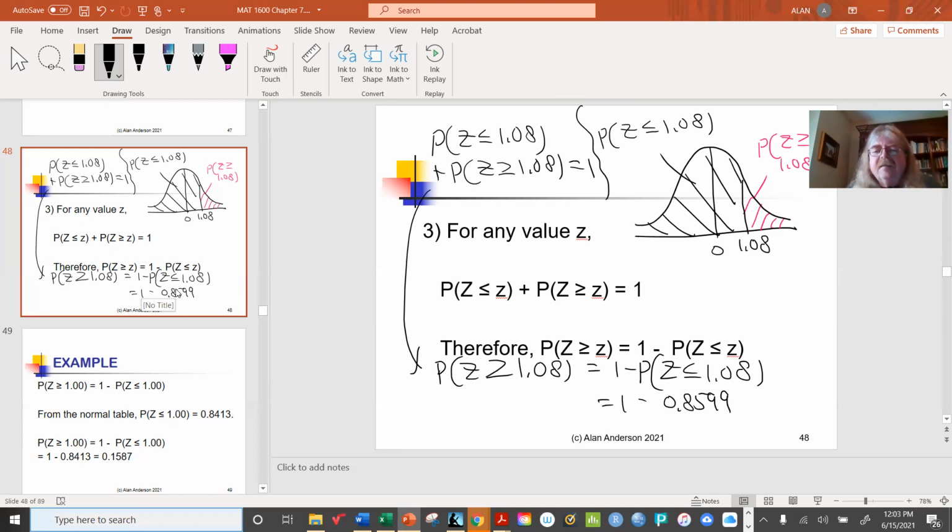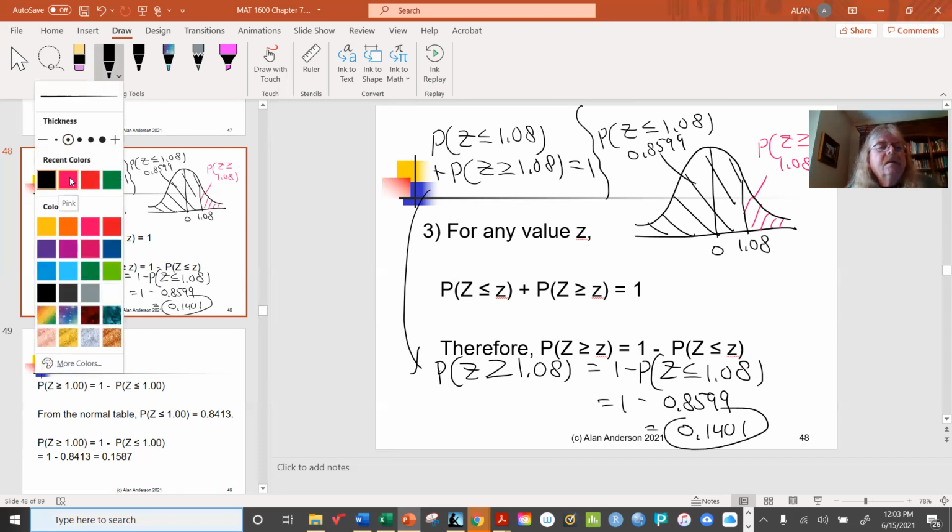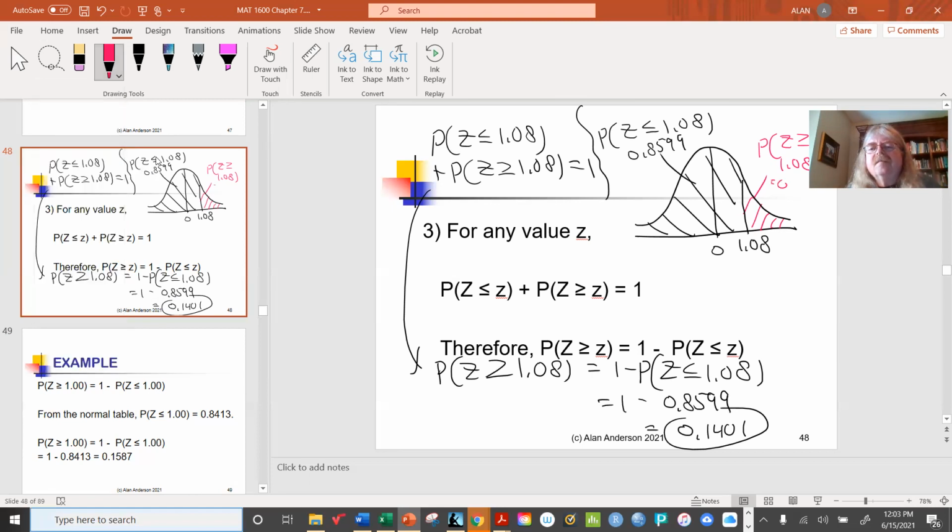And that, of course, would equal 0.1401. So the black area is 0.8599, and the pink area, or raspberry, whatever, is 0.1401. And they do indeed add up to 1. All right. So that's pretty cool.